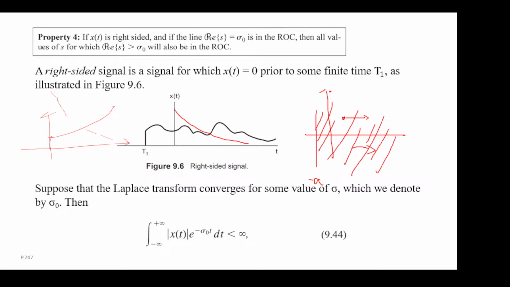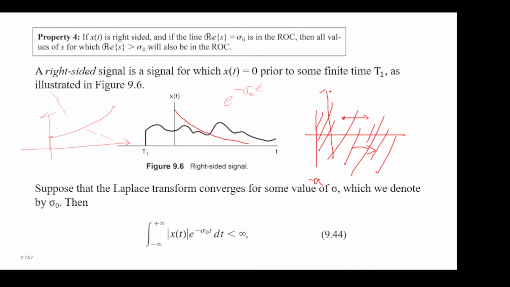But the idea is that if your x of t times your e to the minus sigma t, right? So we think about we are multiplying e to the minus sigma t. So your x of t times e to the minus sigma 0 t is already absolutely integrable.